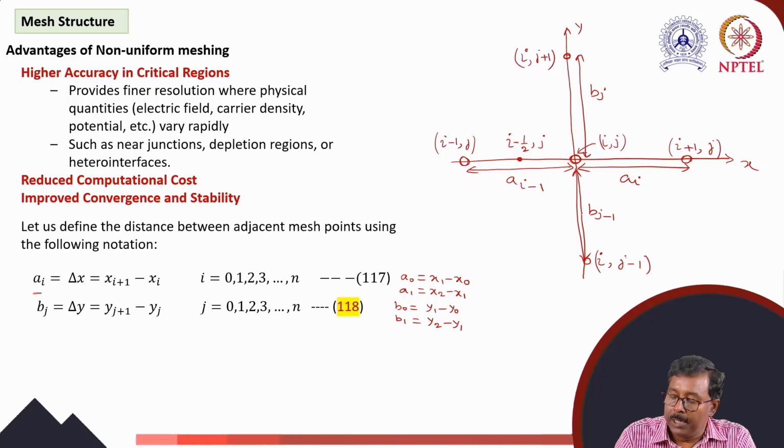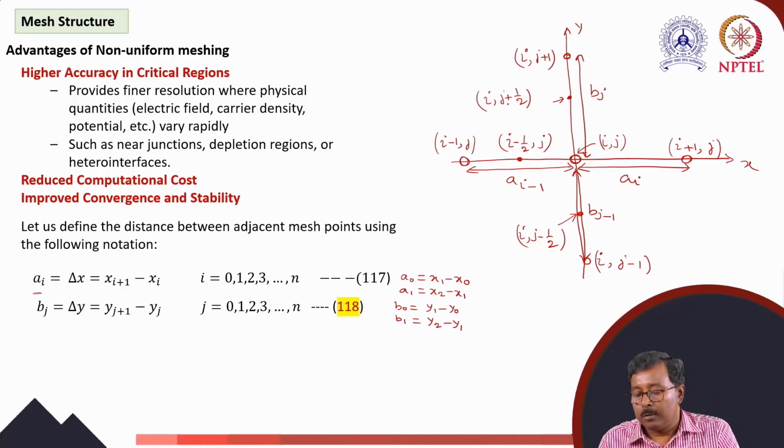And this middle point also you can see, this will be i comma j minus half, and this point will be i comma j plus half. So also this half point, if there is any half point, this can be denoted as i plus half comma j.